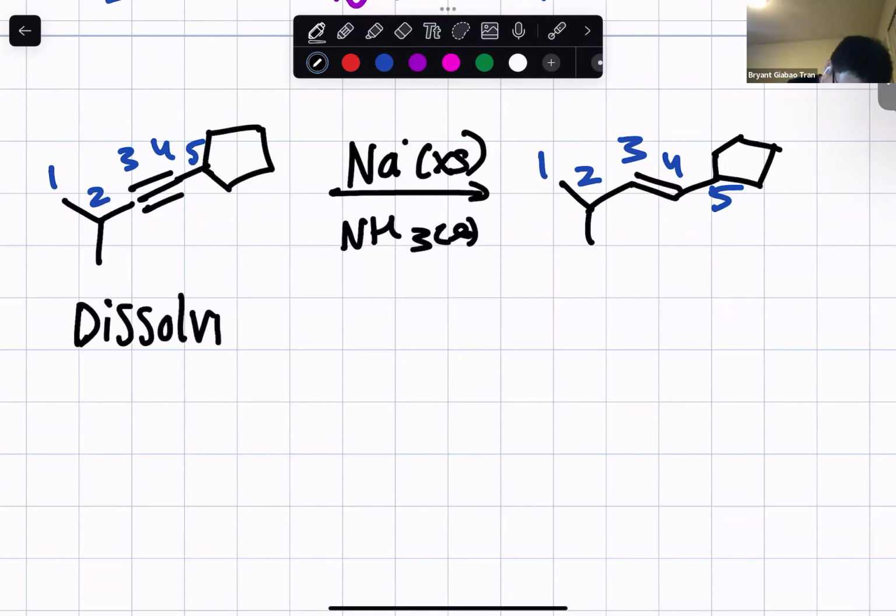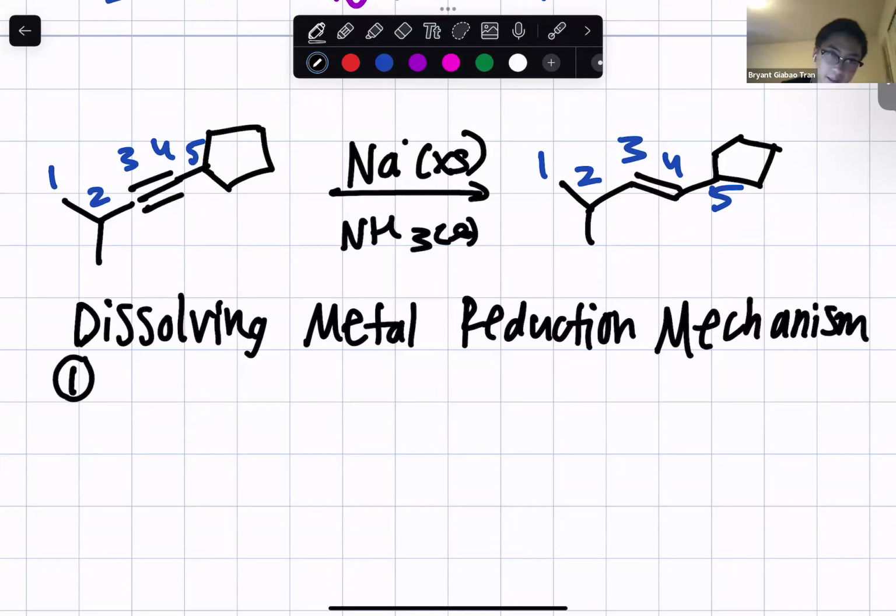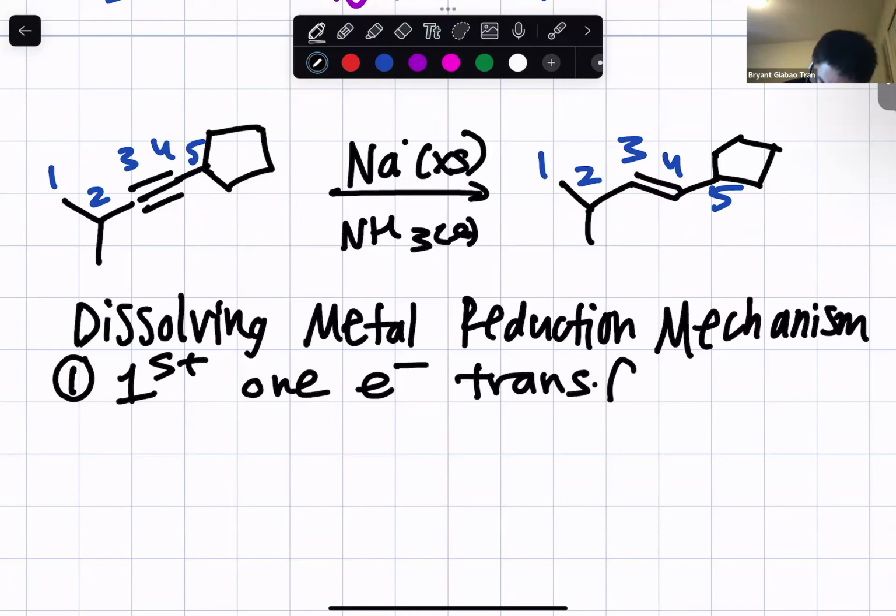Dissolving metal reduction mechanism. 4 steps. The first step is going to be the first 1 electron transfer. So it's a radical that's going to move.